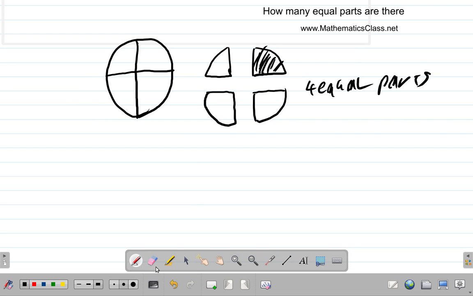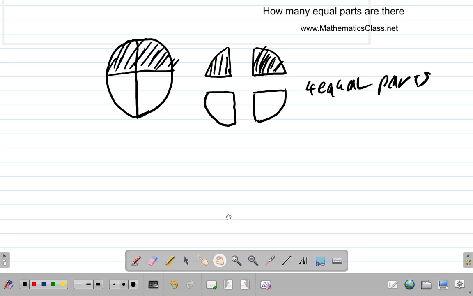Now, suppose you have another case. You say, even though I cut this up into 4, I am extra hungry, so I want to eat these 2 out of the 4. What is that? We shade it over here as well.